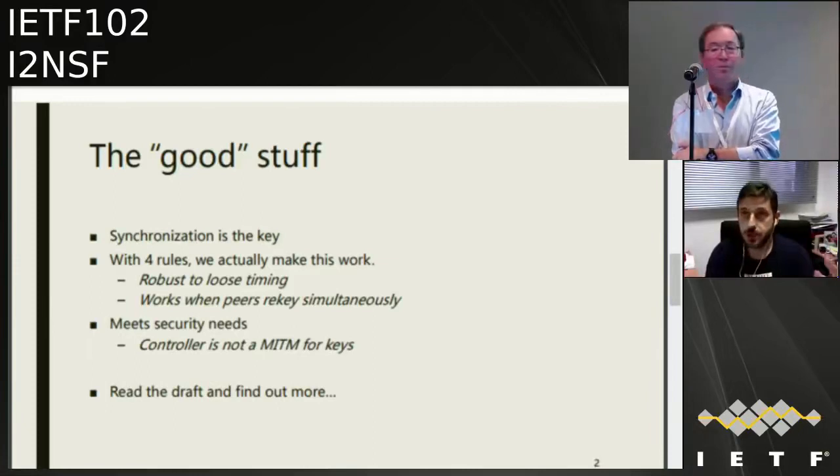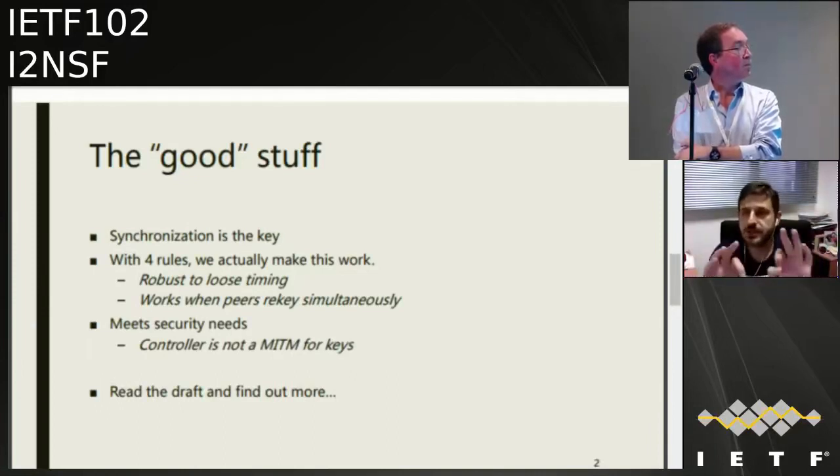What we see is, let's not send that session key, just send some Diffie-Hellman key material, so the NSF just needs to create the session key. So the session key is not seen by the security controller, but the controller still has all the information about the IPsec security association except the key material used in the inbound and outbound.